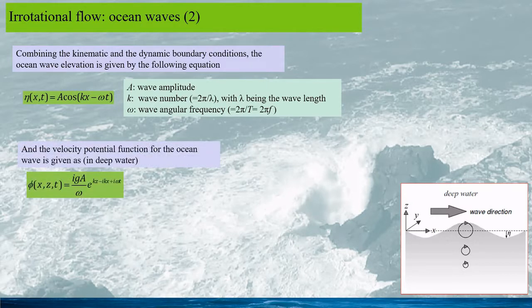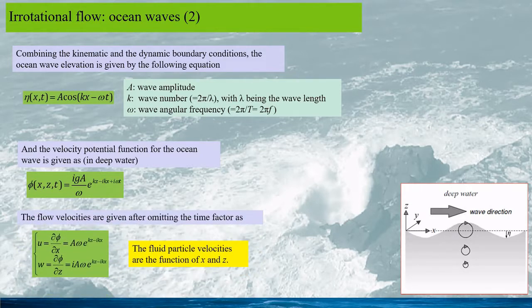And also, by solving the Laplace equation and the relevant boundary condition, we can obtain the velocity potential function for the wave as this. This is the velocity potential function for waves in deep water.